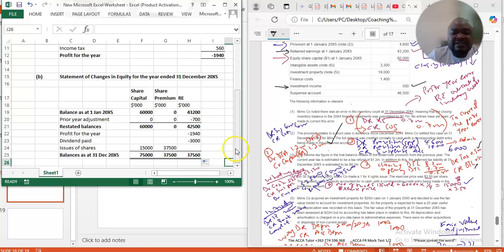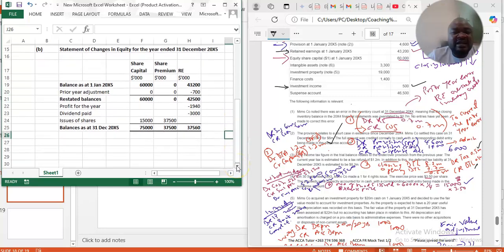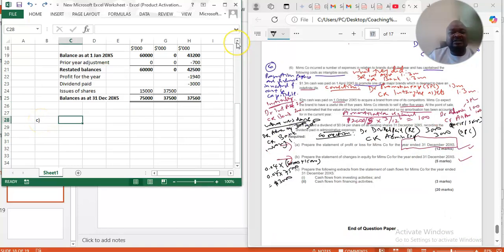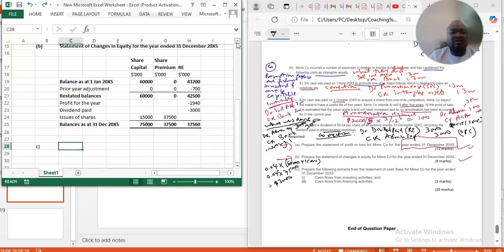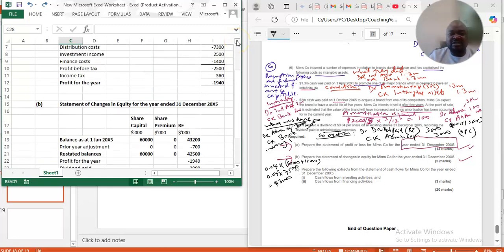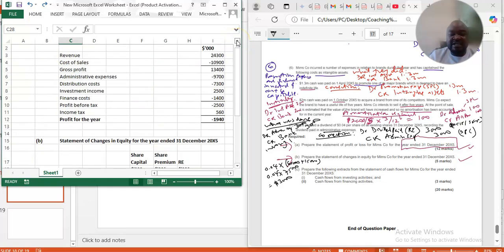Good. And then I think we can quickly do the last part of the question. You can see that just knowing the standard structure of the statement of changes in equity, you're awarding yourself 5 marks. I mean, the chance to gain 5 marks.